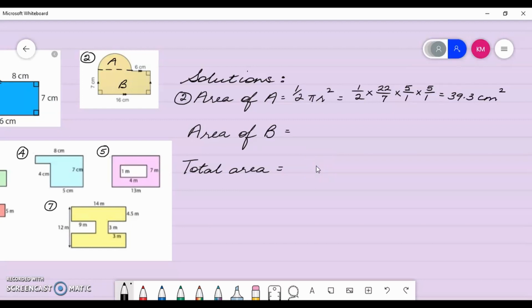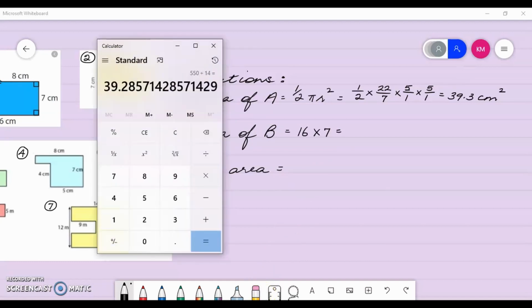The area of B, which is a rectangle, is going to be length by width. So that is just going to be 16 multiplied by 7. And that is going to be 16 multiplied by 7 is 112.